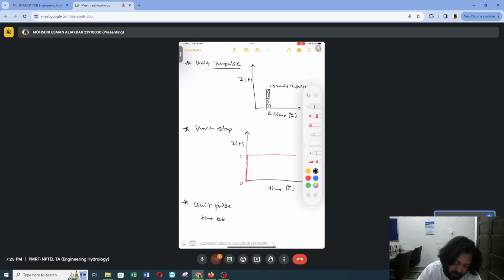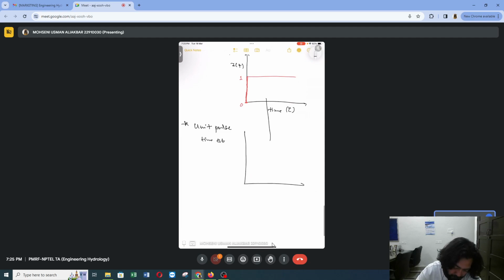So the difference between impulse and pulse is that impulse is applied instantaneously, whereas pulse is applied for a given period of time. So let us say this is time tau. Here we have applied a pulse for a period of time of delta t. So we call this input a unit pulse, right?